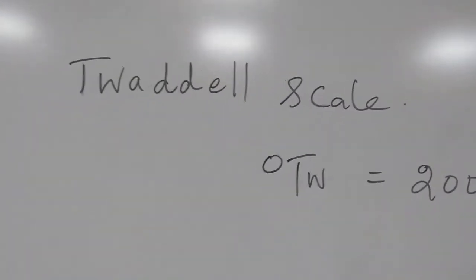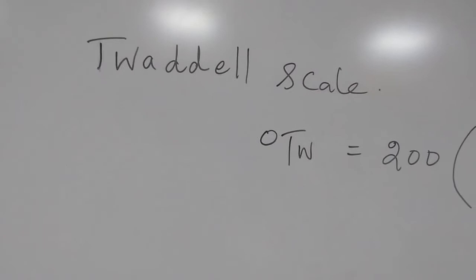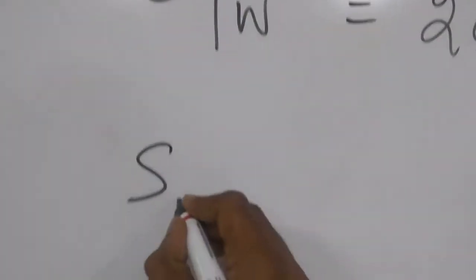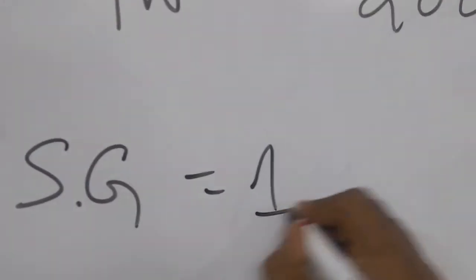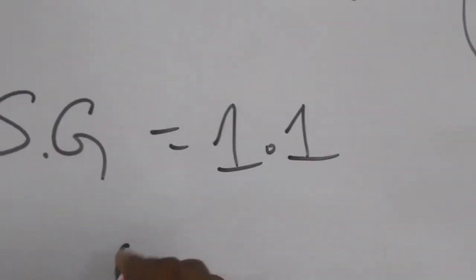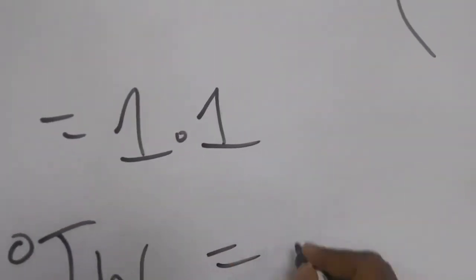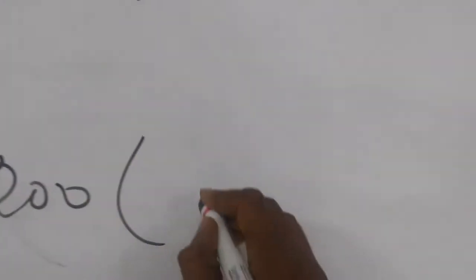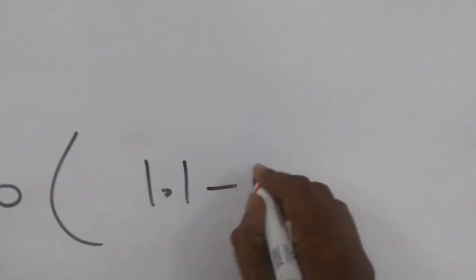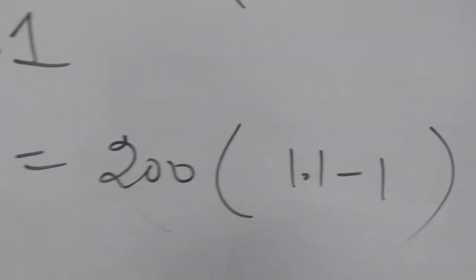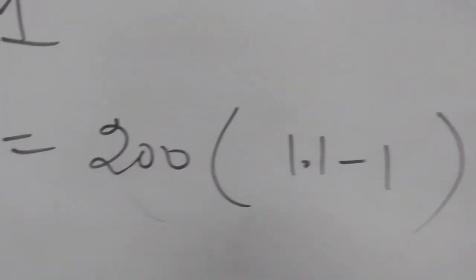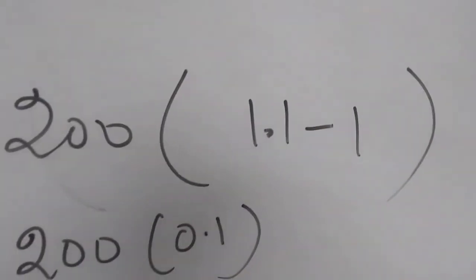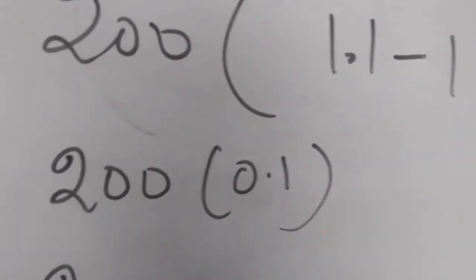For example, if we have a specific gravity of 1.1, what will be the degree Twaddell? Degree Twaddell equals 200 into 1.1 minus 1, that is 200 into 0.1, which is equal to 20.